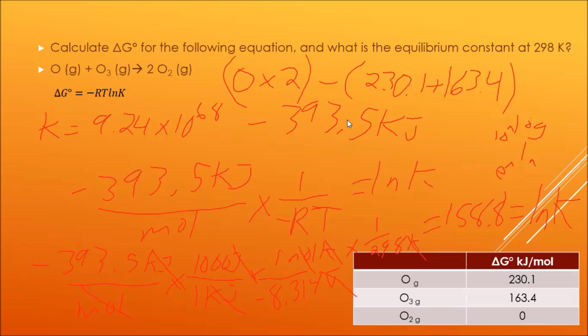Now, based on what we just saw on that last slide, when the reactants are larger than the products, it becomes more spontaneous. Based on the fact that we have a lot of oxygen for us to breathe, and we're not choking on ozone all the time, the amount of ozone and the amount of molecular oxygen are a lot less abundant.